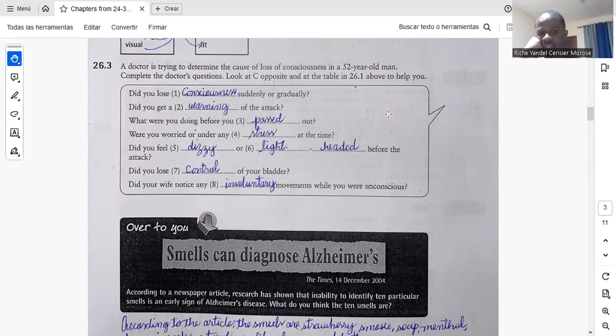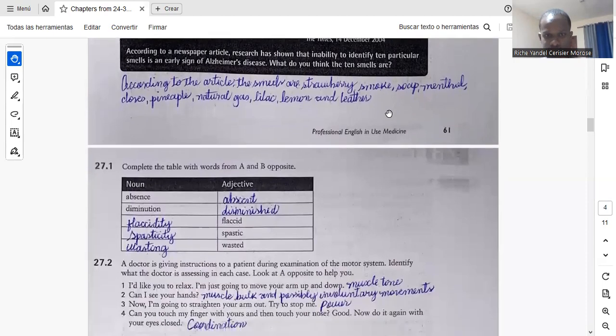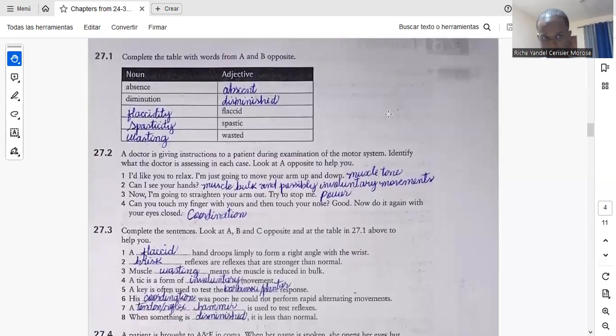Did you feel dizzy or lightheaded before the attack? Did you lose control of your bladder? Did your wife notice any involuntary movement while you were unconscious?